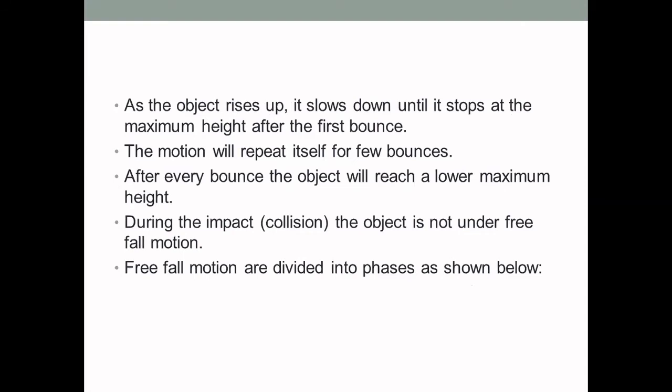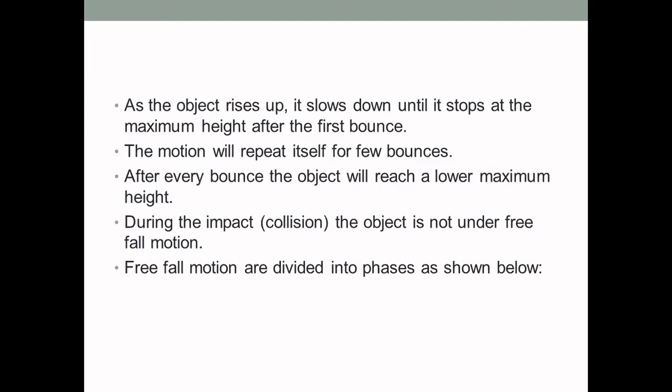After every bounce, the object will reach a lower maximum height because energy is lost during the collision. During the impact, the object is not under free fall, because there is an external force acting as a result of the collision.